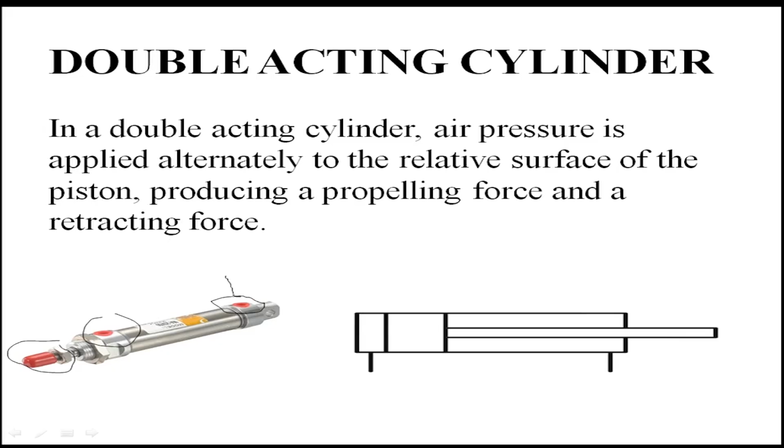So whenever you create a pressure in this entrance, the piston will move in the forward direction, and whenever you create a pressure in this entrance, the piston will move in a reverse direction. Here also you can see this is a piston and these two are the input ports. So whenever you create pressure here, the piston will move in the forward direction, and whenever you create pressure here, the piston will move in the reverse direction. This is all about the cylinders.